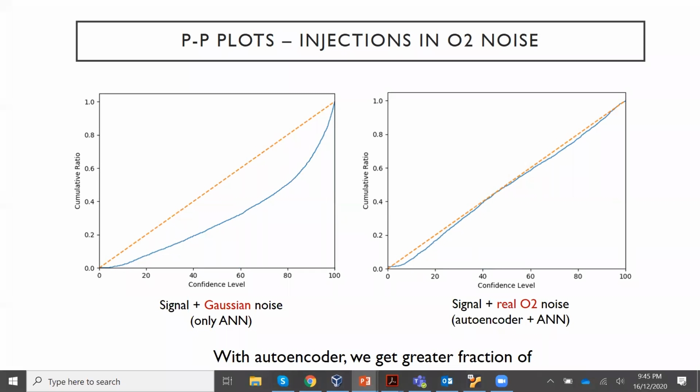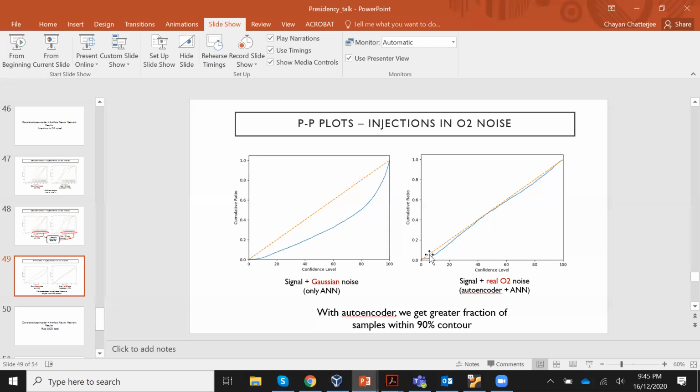Now this is a PP plot, and again I compare the same cases. The PP plot shows what fraction of samples are in what confidence intervals. Ideally, it should follow a 45-degree line. 100% of samples should lie in the 100% contour, which is the entire sky, and that's very logical.